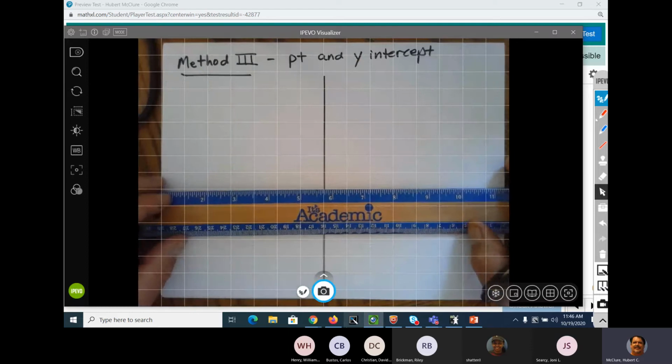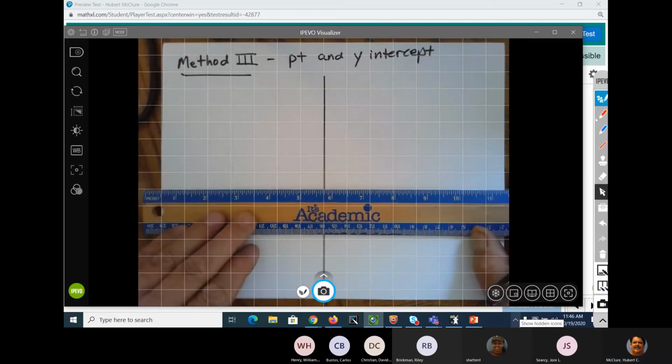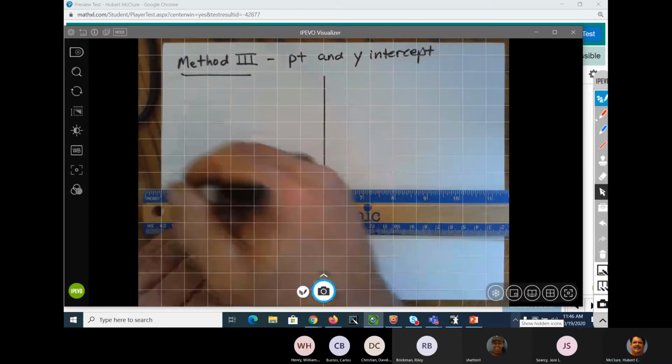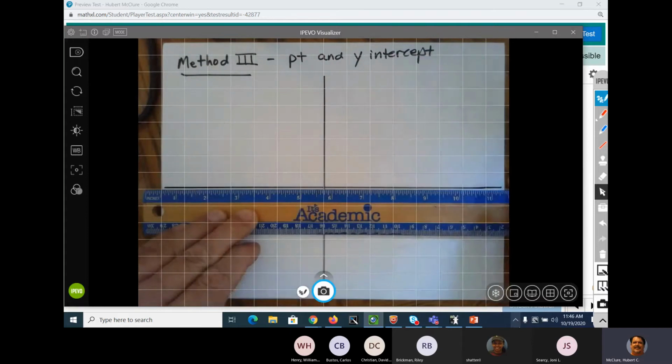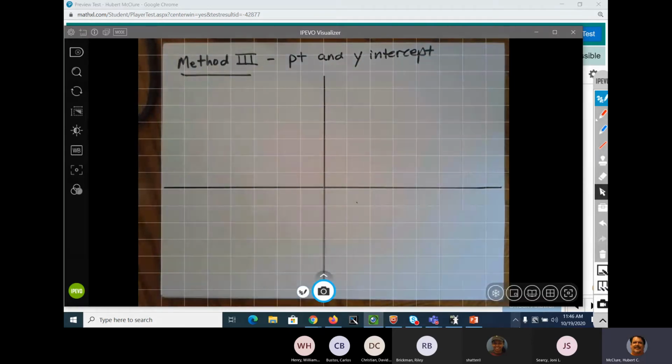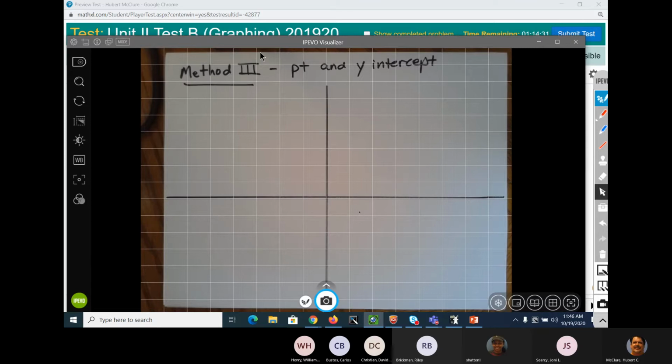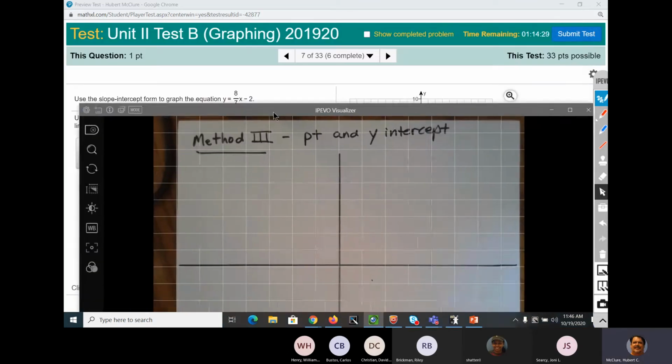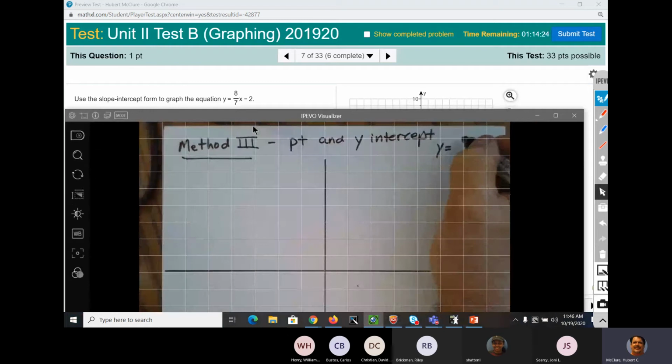Try not to move my paper. There we go. Now, take my highlighter out. I'm going to highlight that. Oh, I got to write it down first. Oh, shoot. Y is equal to 8/7 x minus 2.